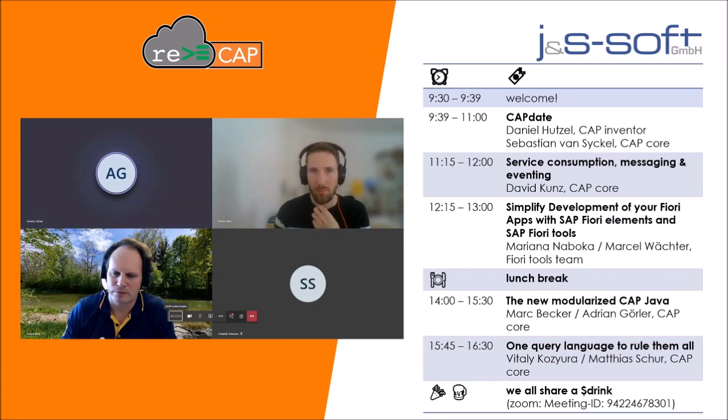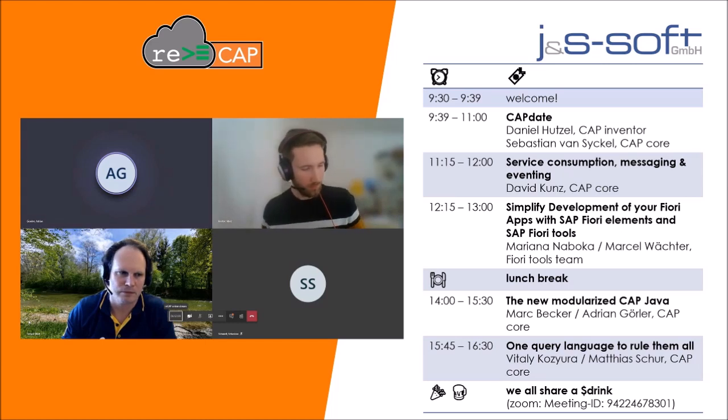And thirdly, we have something like a CQN analyzer, which helps you to extract, let's say, filter values from a filter predicate. This can also be helpful, but just stay tuned. We are working on a chapter in the CAP Java documentation on this topic.